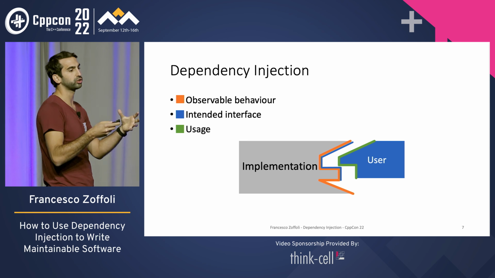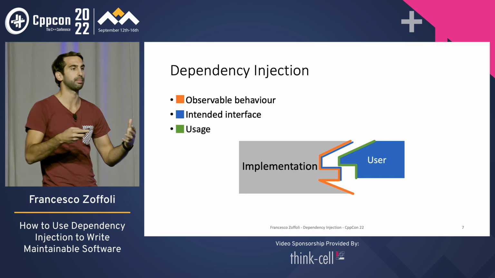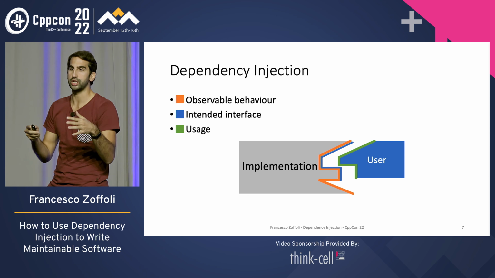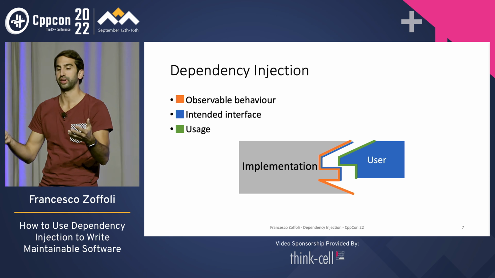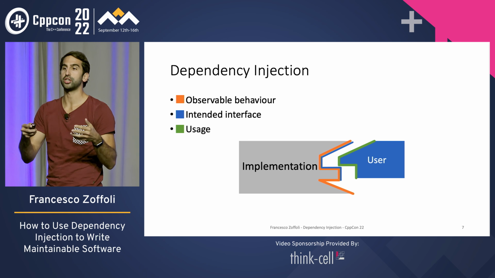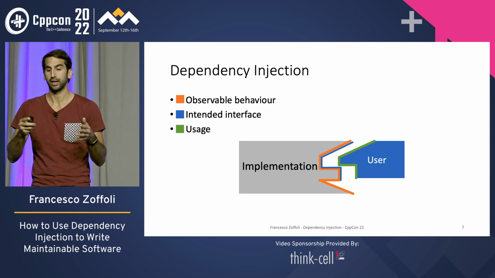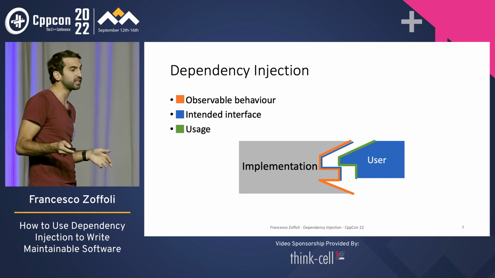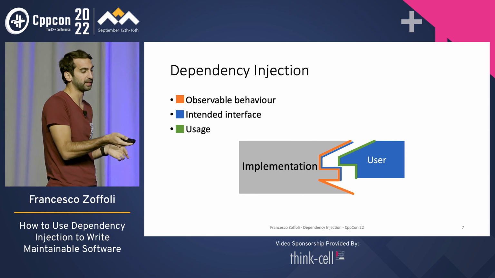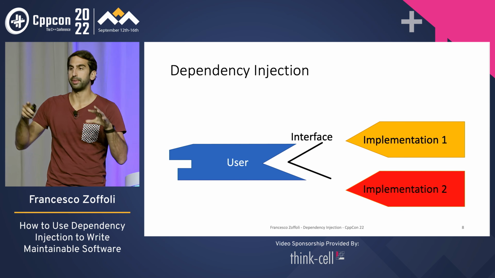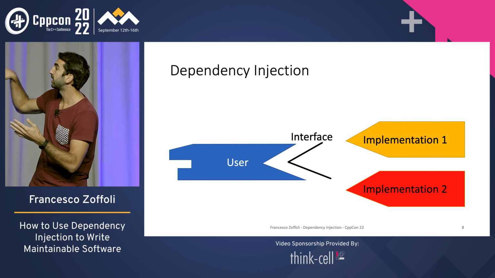And with contract or interface, when I'm talking about this, I mean the set of preconditions and postconditions of this interface. And then there's going to be the usage that, if you're lucky, is going to be a subset of the intended interface. And this is key to understand dependency injection, because when we write a component, here the shape specifies the interface.